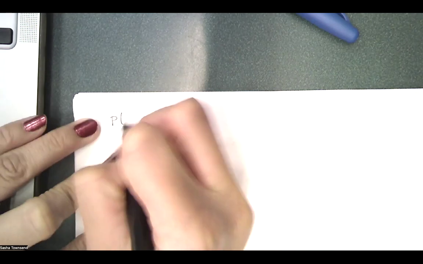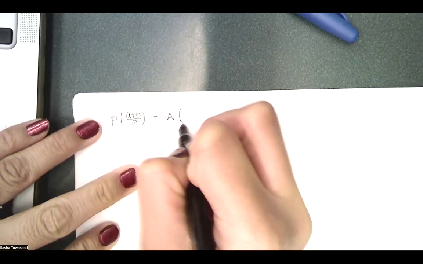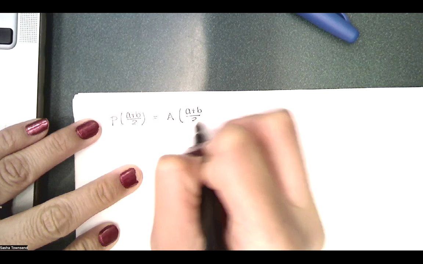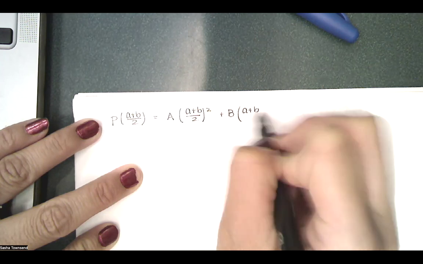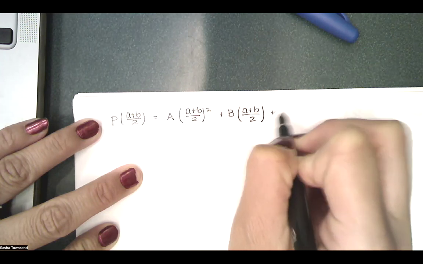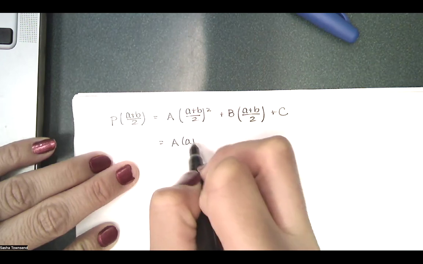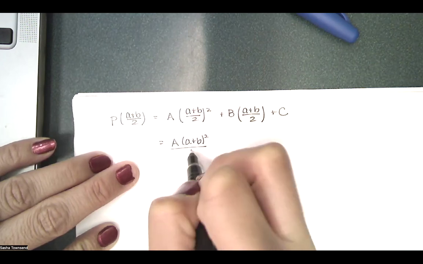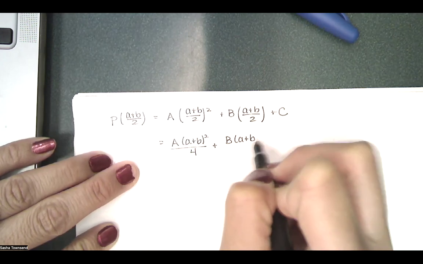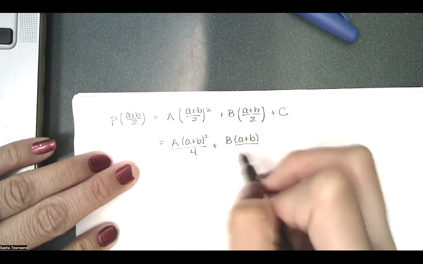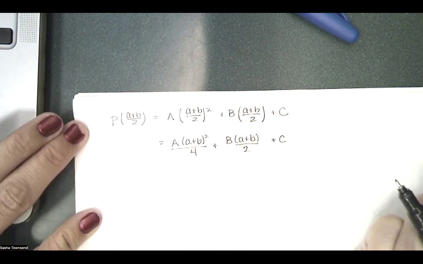So P evaluated at that average X value is going to be A times A plus B divided by 2, quantity squared, plus B times A plus B divided by 2, plus C. Square the numerator, square the denominator, and then multiplying by a fraction is the same as multiplying by the numerator and then dividing by the denominator. And we'll multiply this entire thing by 4.